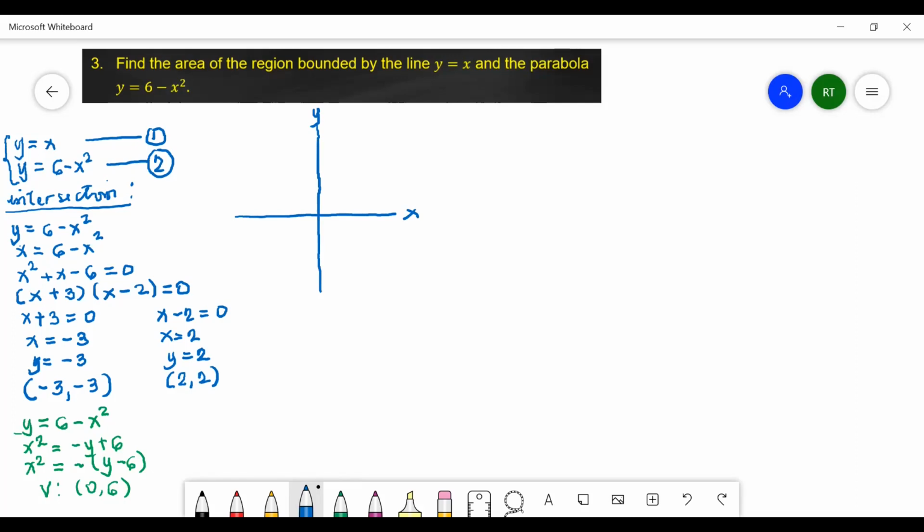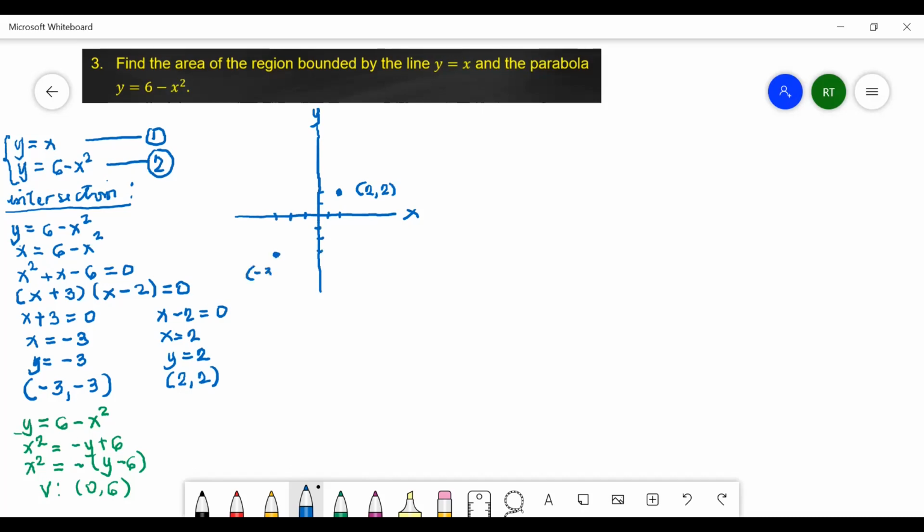Let us locate first the intersection of the two curves. We have 2, 2, so this point of intersection has the coordinates 2, 2, and another point of intersection at negative 3, negative 3.